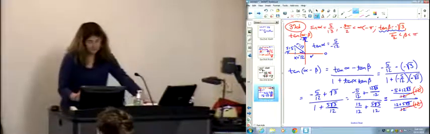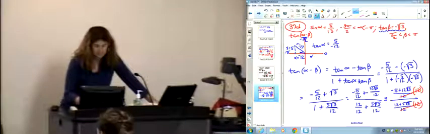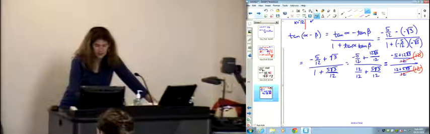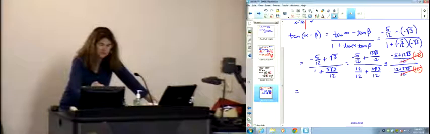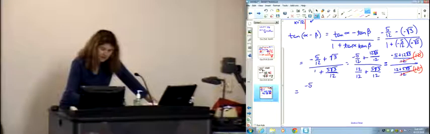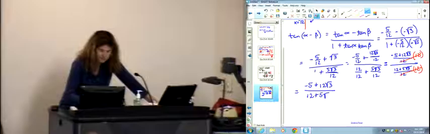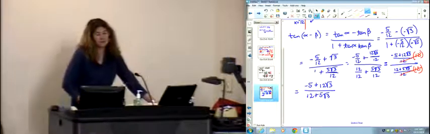We could have. So now we've got negative 5. Whoops, that kind of, let's fix that. Negative 5 plus 12 square roots of 3 over 12 plus 5 times the square root of 3.